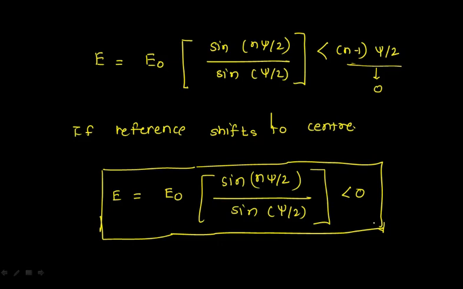Now the next one is the array factor. When I talk about the array factor, this is a very important term to analyze an n element array. The first thing we will see is with psi equal to 0. How can I analyze this equation?